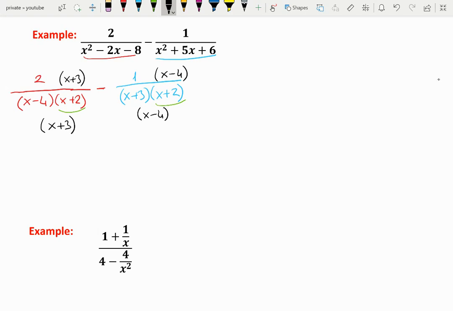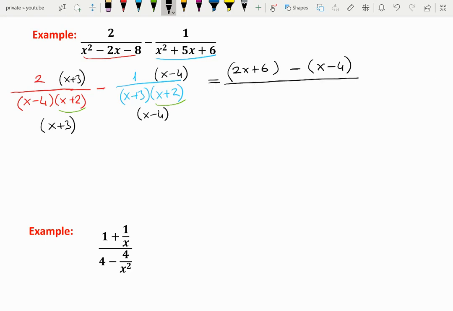Okay, let's continue my example. When I multiply by x plus 3 on the numerator, I will have 2x plus 6. This is from my first part. And then minus, I will have x minus 4.